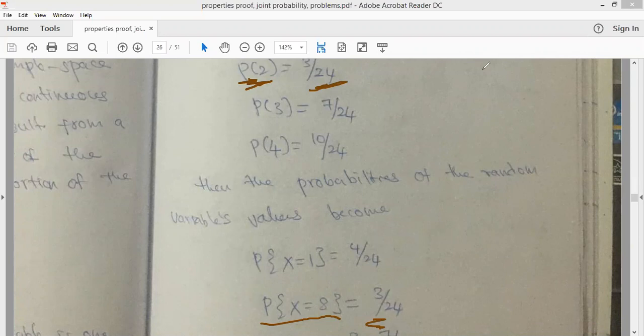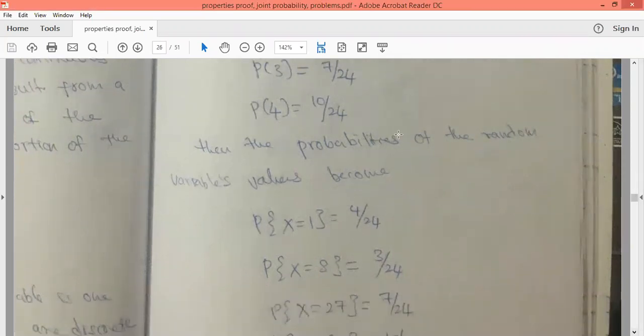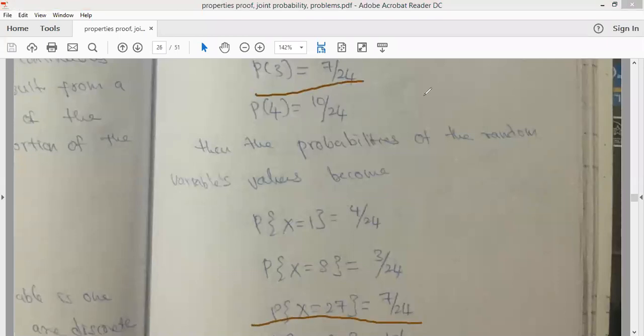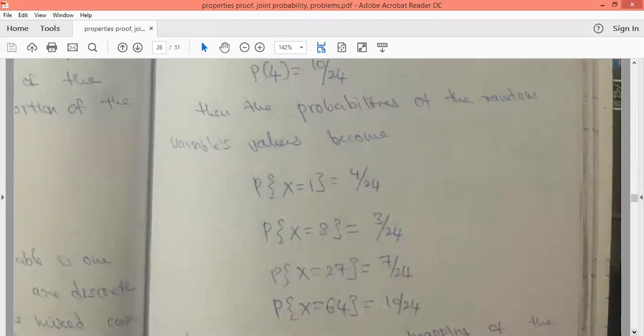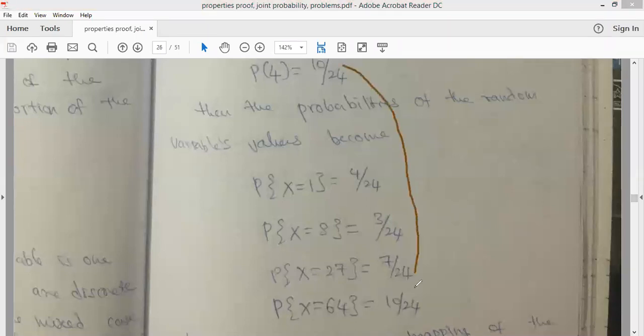Similarly, probability of 3 and the probability of the random variable equal to 27: here we have 7 by 24, here also 7 by 24. Like that, probability of random variable X equal to 64. These two values will be the same. It is 10 by 24, here also it is 10 by 24.